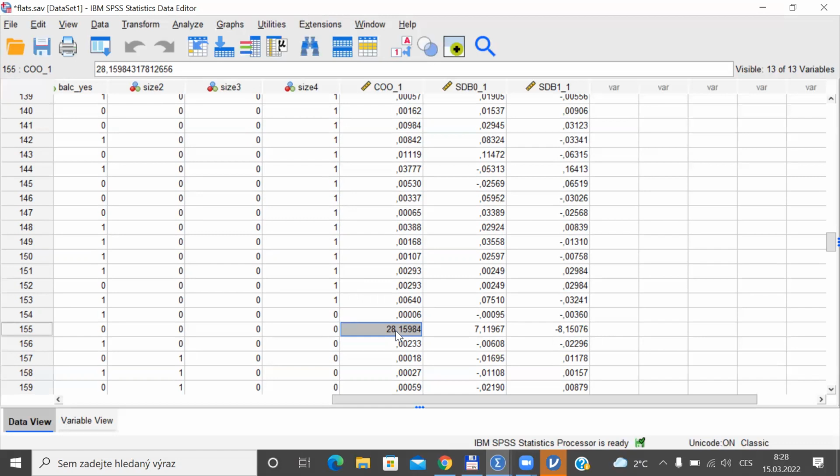And for the same point, we can also find these standardized DFBetas. This is once again 7.11 for the intercept and minus 8.15 for the slope, so for the impact of size on price. This is for us the most important result here.